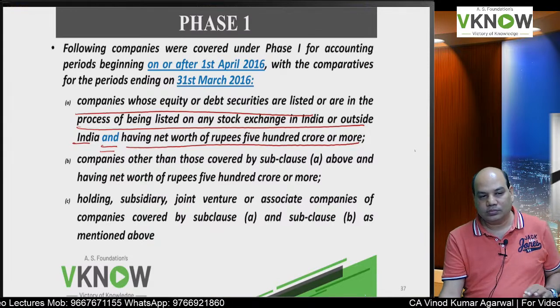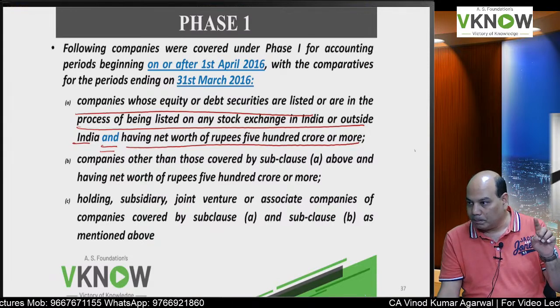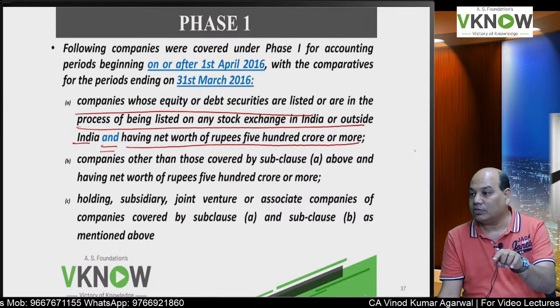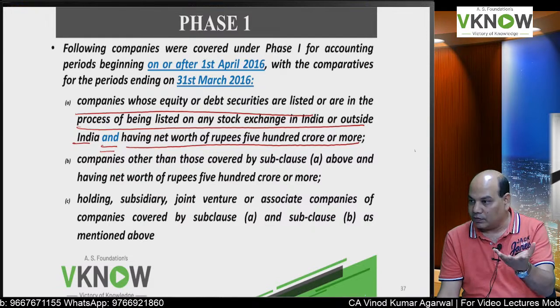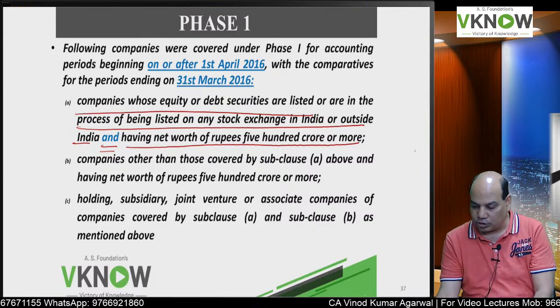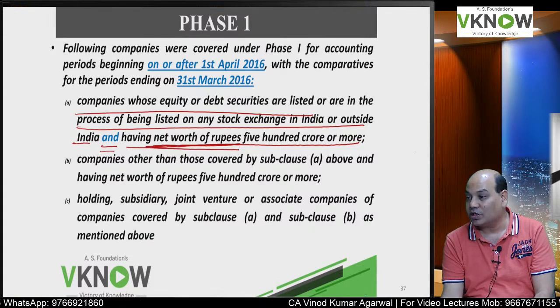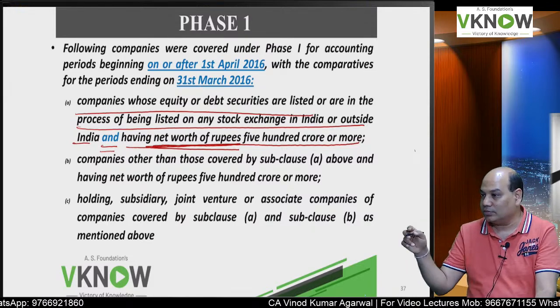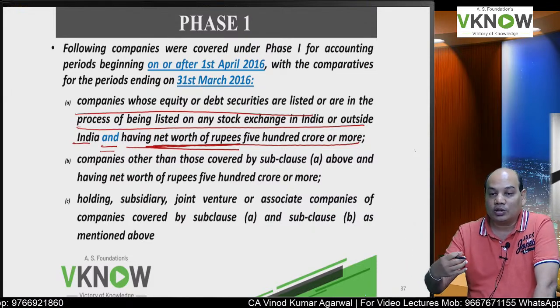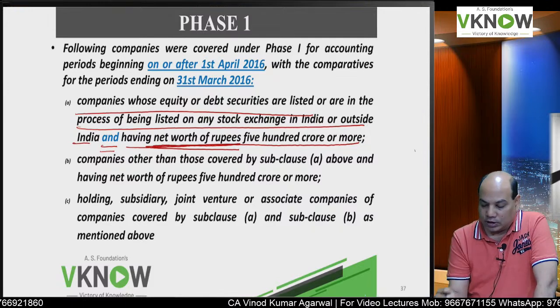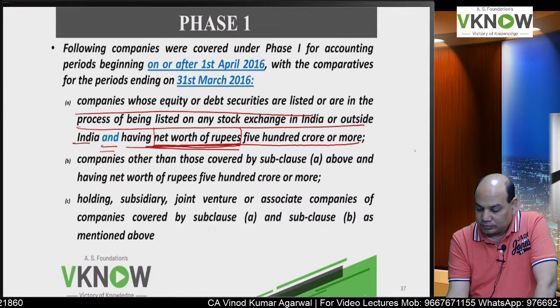So listed or in the process of listing, plus it should have net worth of more than 500 crore. We have to check on which date net worth will be calculated. For that there is another discussion. I will tell you that. That is pending from my side.